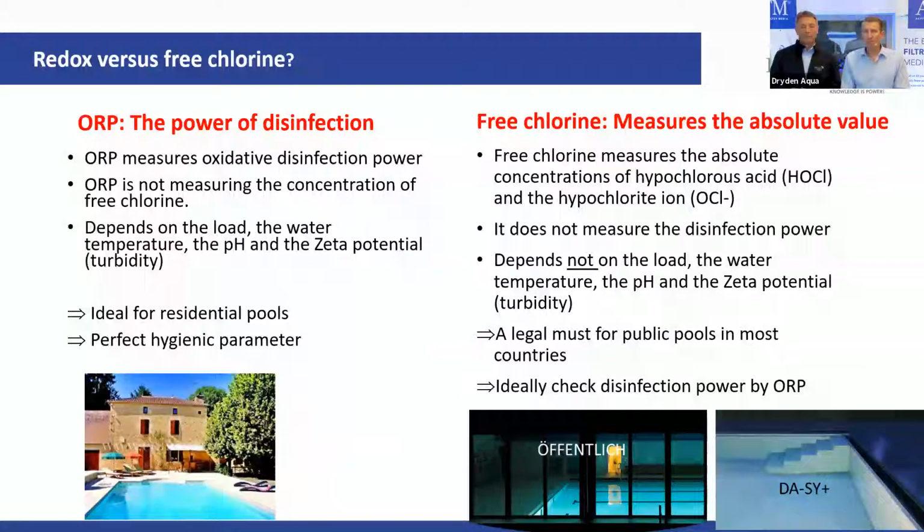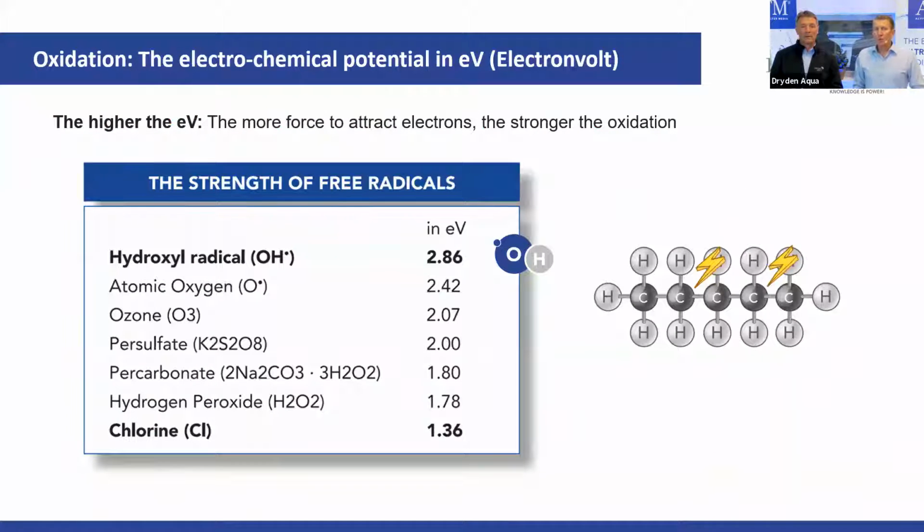Okay. So we have learned that different oxidants have a different potential to attract electrons, right? And this is what we show here. This is expressed in electron volts. You can see at the very top we have two free radicals.